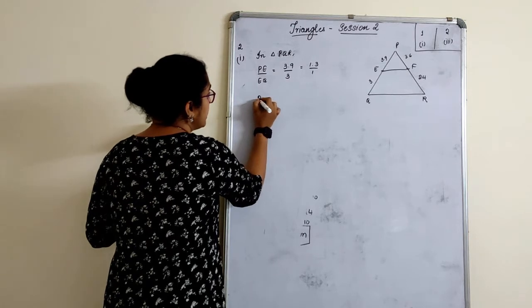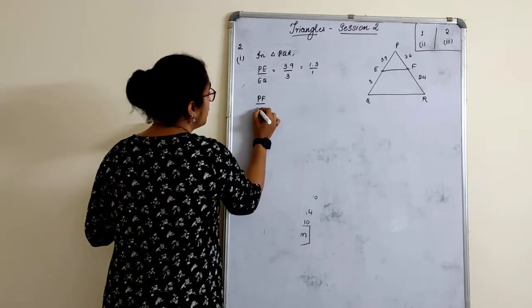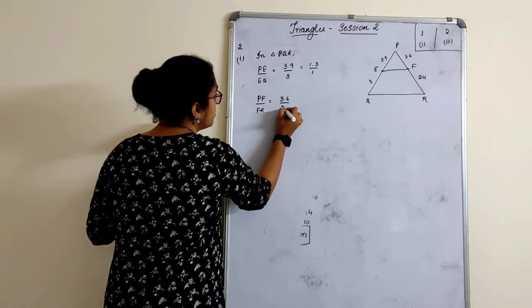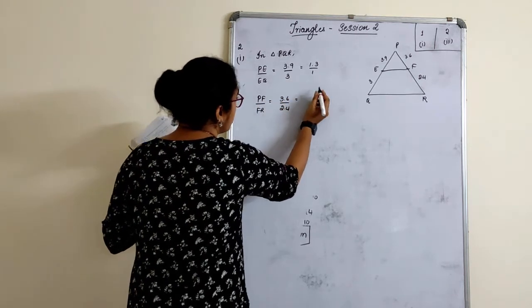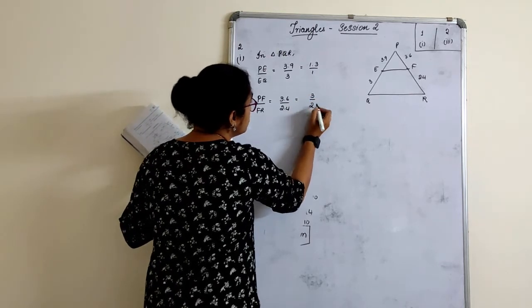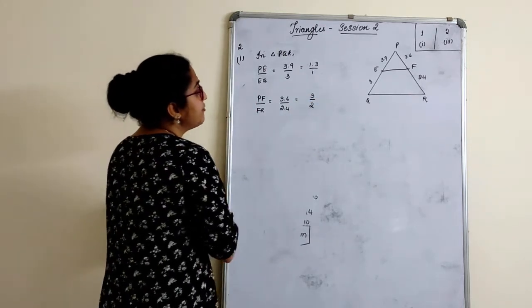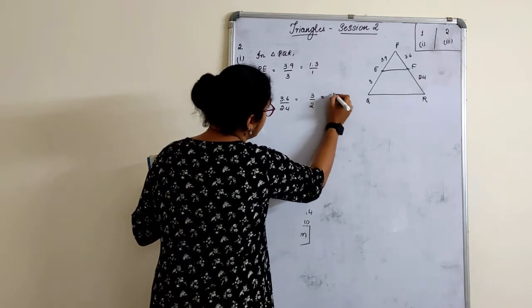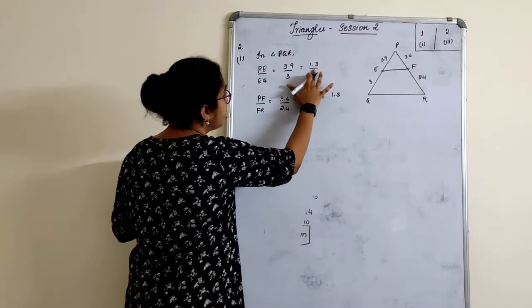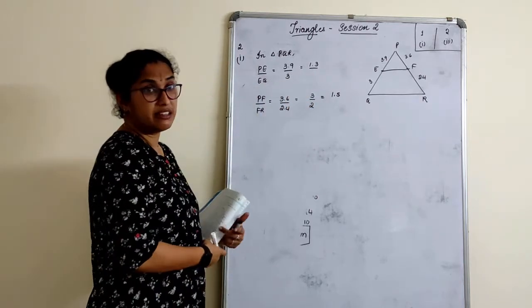Next proportional side is PF upon FR, 3.6 upon 2.4. Decimal will go. So 12 threes are 36, 12 twos are 24. In decimal if I have to write this, 2 ones are 2, 2 fives are 10, 1.5, and the other is 1.3 by 1. Are they equal?